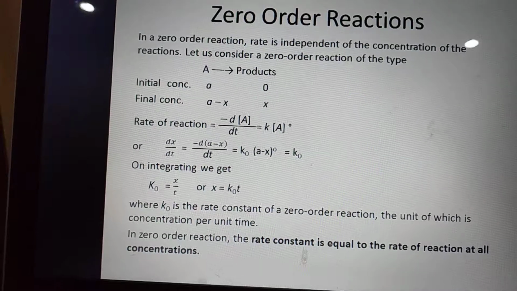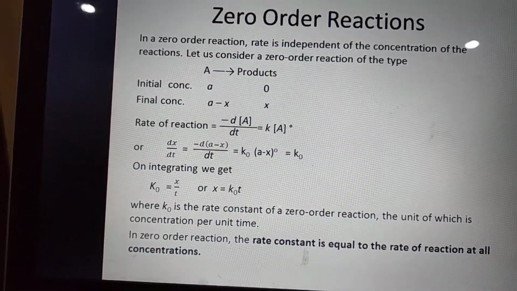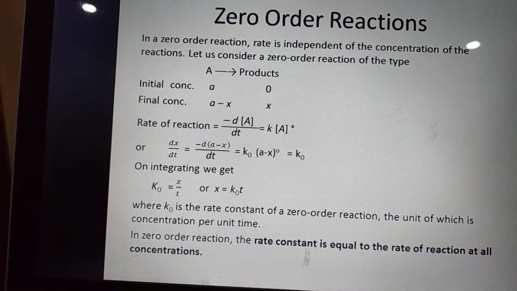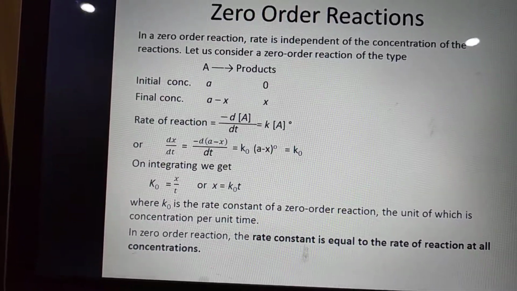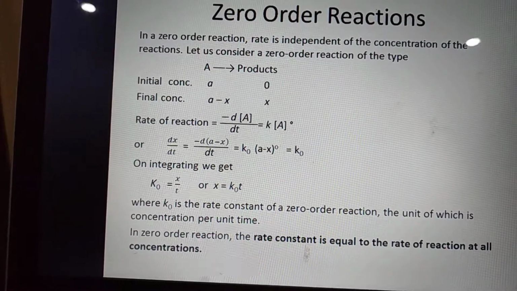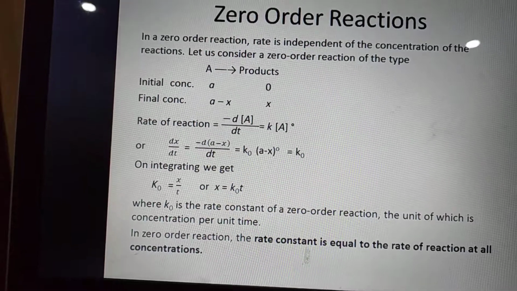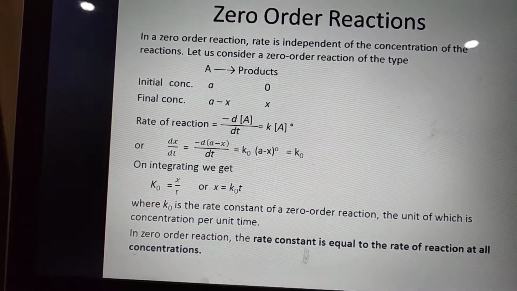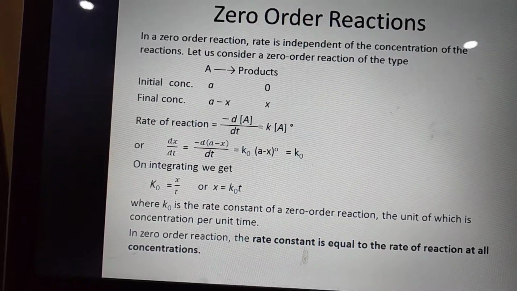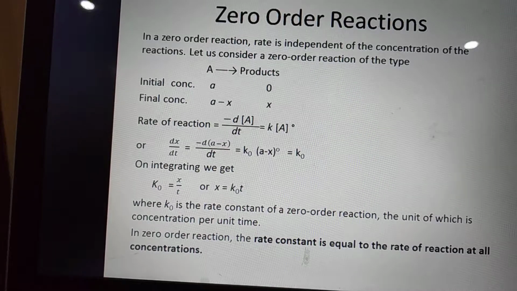So the rate of the reaction, the rate of disappearance of A divided by time, is equal to k naught times the concentration of A naught, where A is the concentration of the reactant, or dx over dt is equal to k naught times (a minus x) to the power naught.